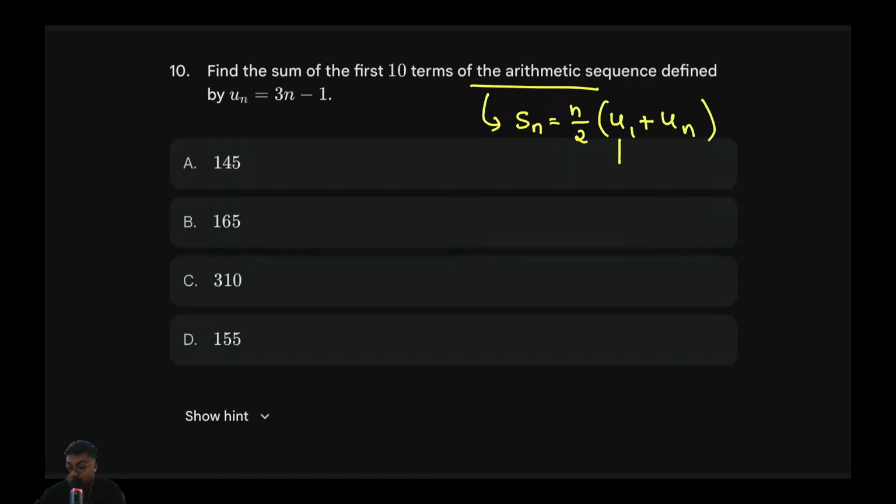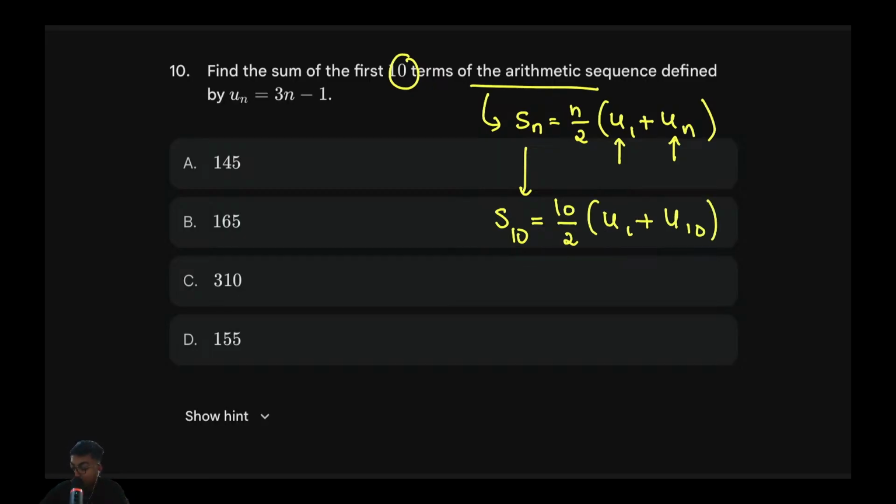What is u1? u1 is the first term, un is the nth term. In this case they want us to find the sum of the first 10 terms, which means n equal to 10. So this is S10 equal to 10 over 2 times u1 plus u10.